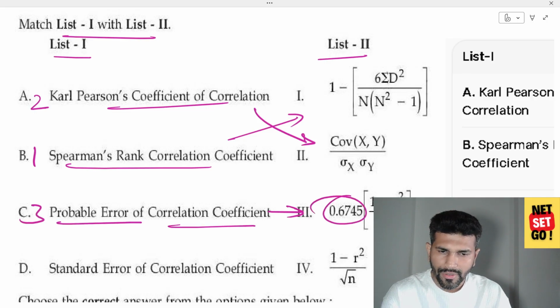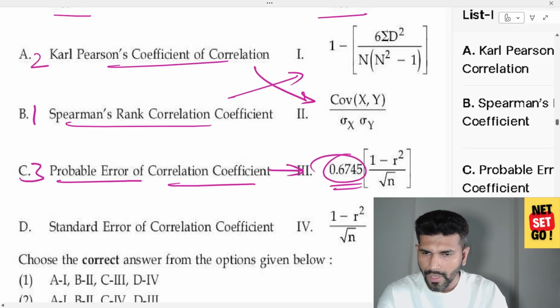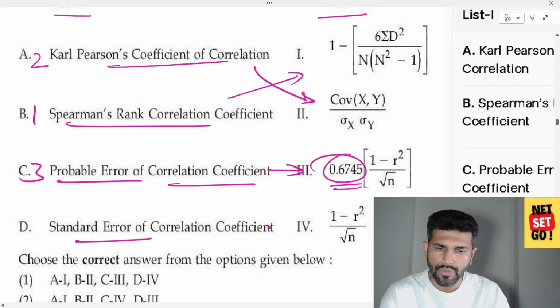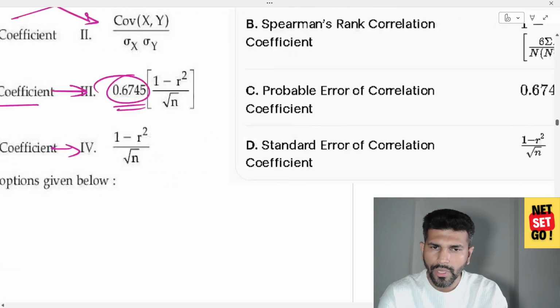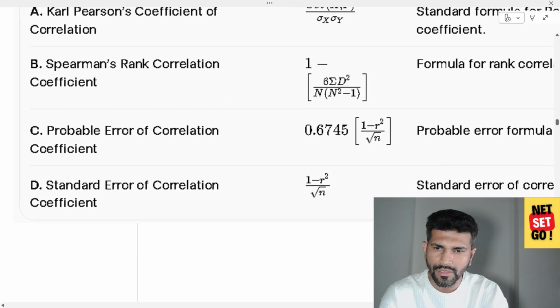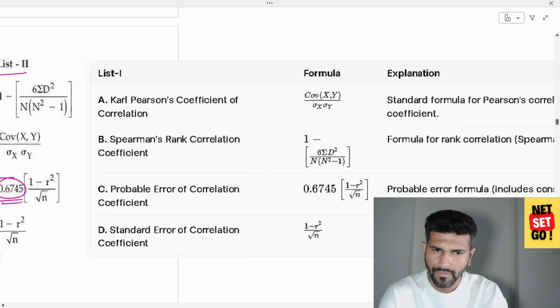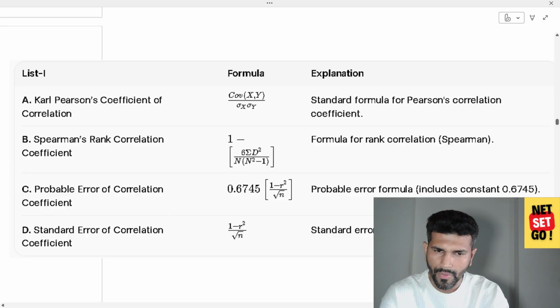This value is constant. And the standard error of correlation coefficient formula is 4. 2, 1, 3, 4 is the correct sequence and option 3 is the correct answer. You can take a screenshot of this explanation also. And remember, this is a constant number.